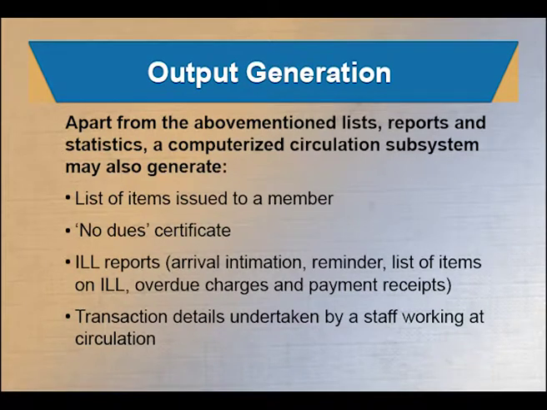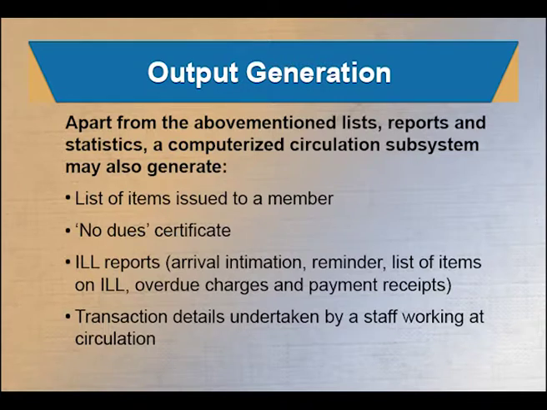Now, apart from the above mentioned lists, reports and statistics, a computerized circulation subsystem may also generate a list of items issued to a particular member, can generate a no dues certificate, a gate pass, ILL reports, and transaction details undertaken by a staff member working at circulation, because the circulation module is a very important module, and normally in libraries circulation modules are given to a few staff only.